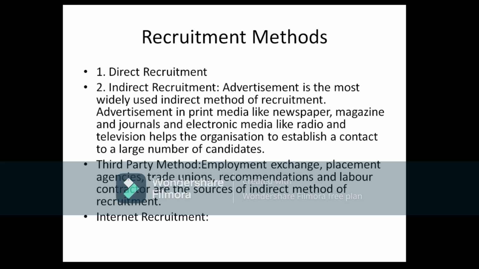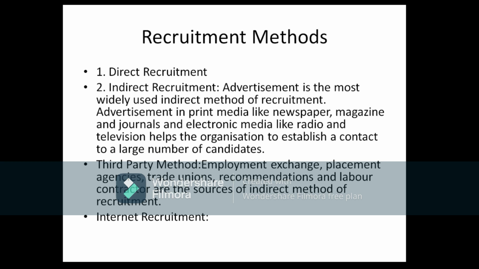These websites put a vacancy on the website, and when the candidate accesses the website, they get to know about the vacant positions, right? And they also know about the company's expectations, what the company is searching for in the candidates, what qualification, what experience, what knowledge the candidate is having. All that information the candidate gets through the website.